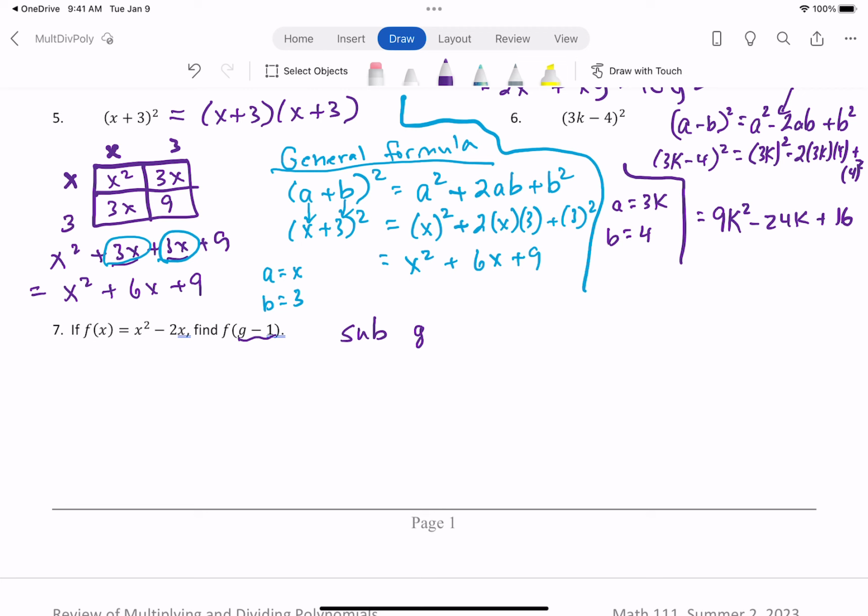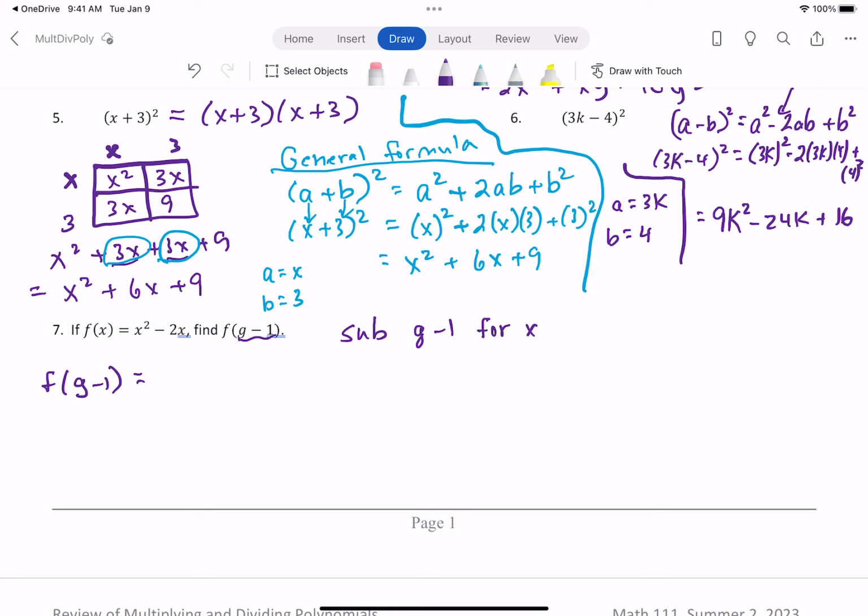So we're going to substitute g minus 1 for x. So this time, in the place of x, we're going to put that g minus 1. I know that looks a little strange, but just try to remember all it's doing is asking me to substitute that expression g minus 1 for each x value.